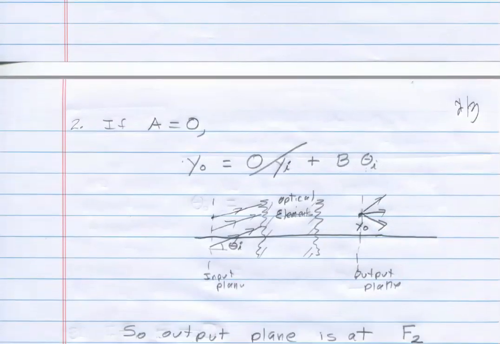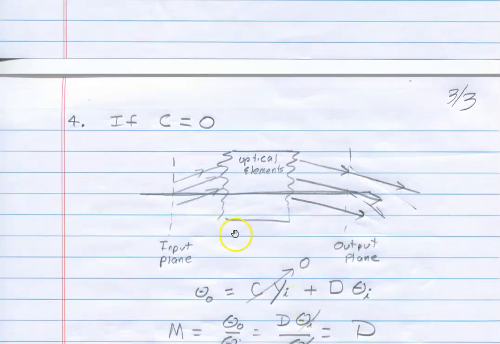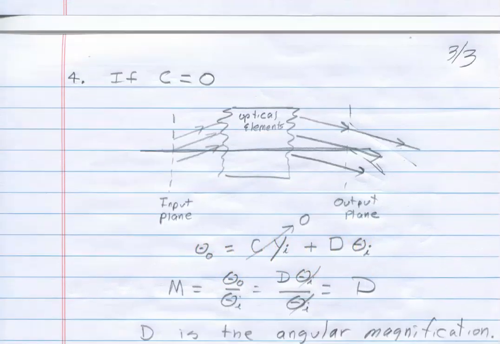And this is sort of the angular equivalent. In general, theta_o is C y_i plus D theta_i. But if C vanishes, then I get that theta_i times D is theta output.